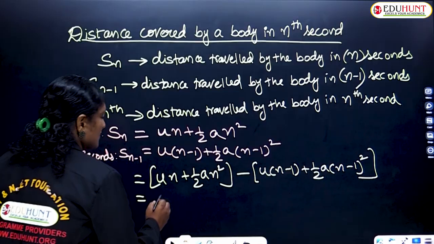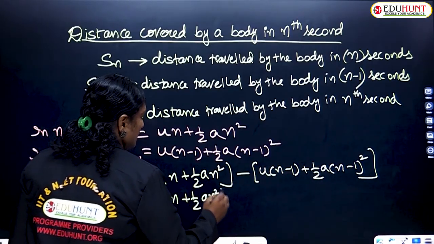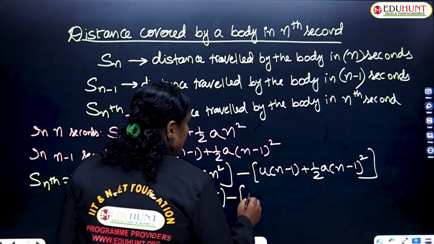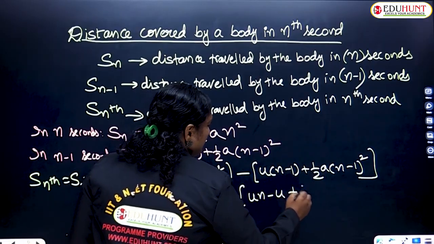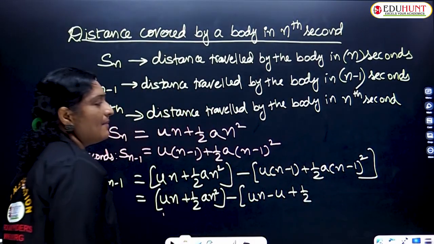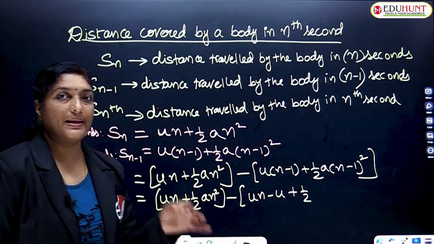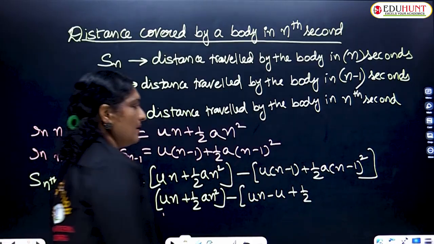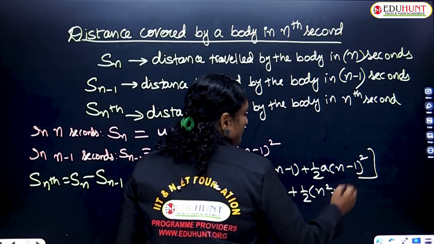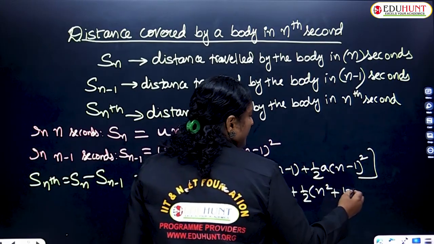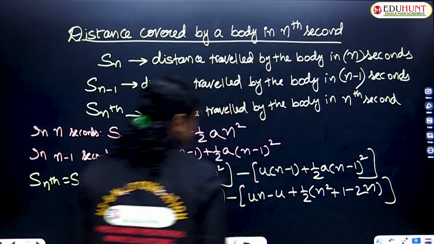After simplification, it can be written as un plus half an square minus u, take it inside, n minus 1 plus half. This is of the form a minus b whole square. A minus b whole square can be written as a square plus b square minus 2ab. A square is n square, b square is 1 square which is 1, minus 2ab, 2 into n into 1. How much is that? 2n.